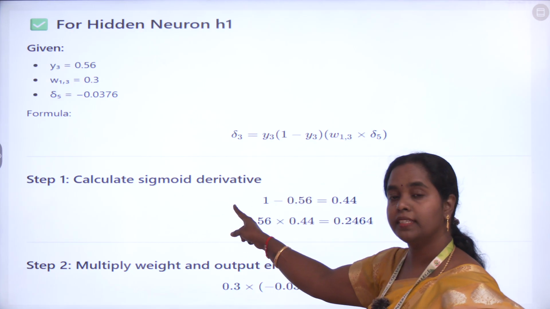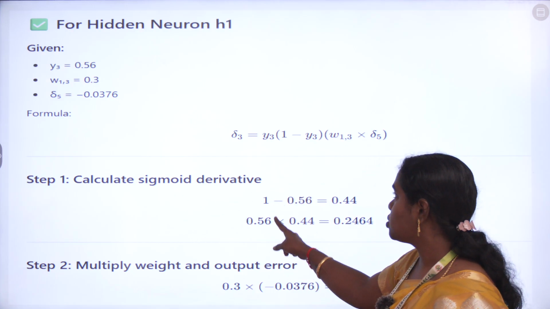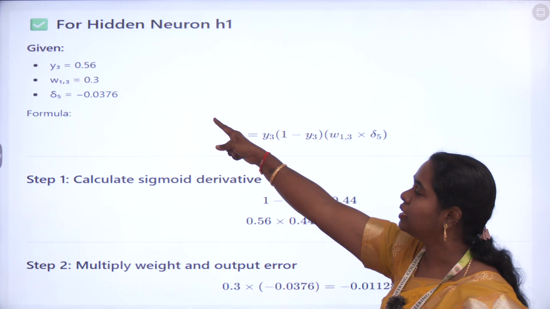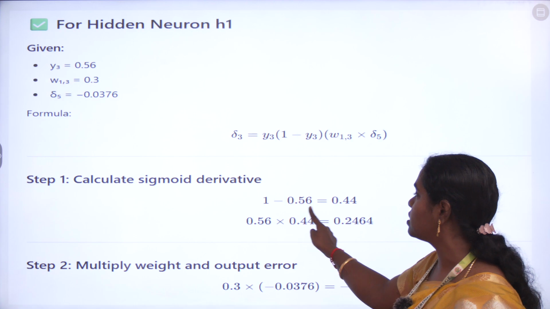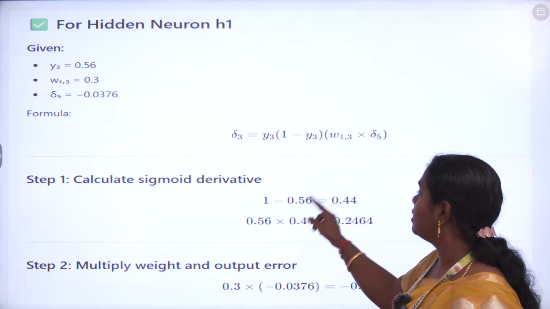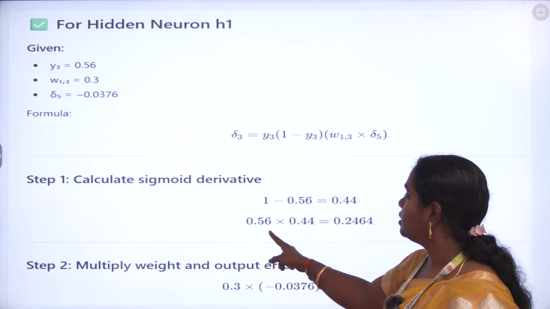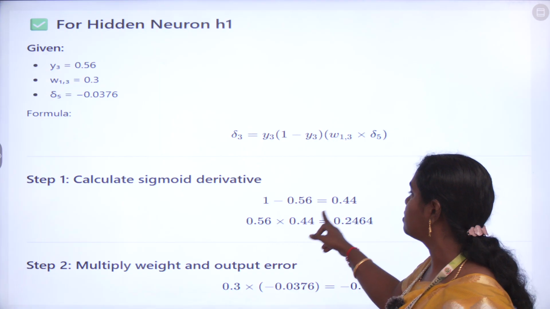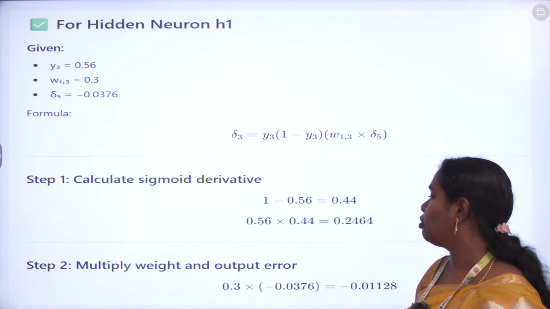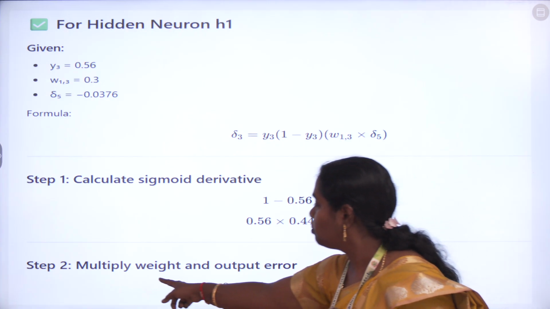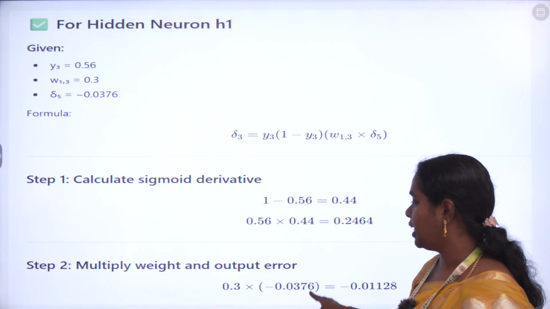Here is the formula I already mentioned. First we have to find the sigmoid derivative value. So 1 minus y3, where y3 is 0.56, gives 0.44. Then y3 times that, 0.56 into 0.44, you will get the value of 0.2464. Next you have to multiply the weight and the output error.